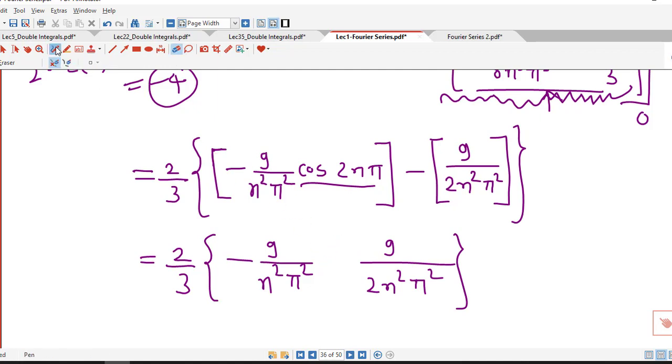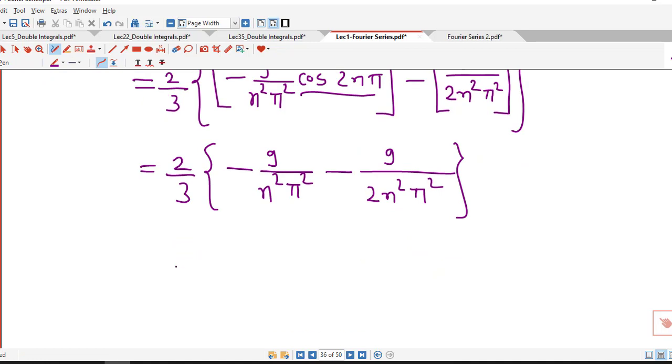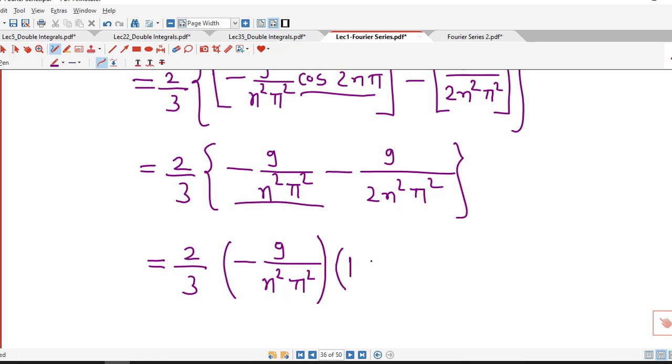This must be proper negative sign. So now we can simplify this. We can take minus 9 divided by n square pi square common, so that here we have 1 plus 1 by 2, which is going to be 3 by 2.